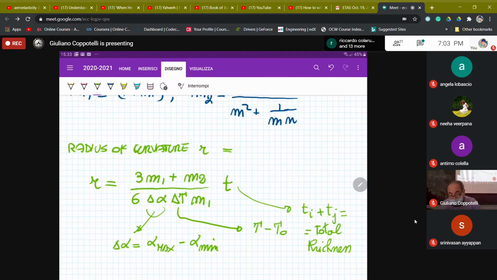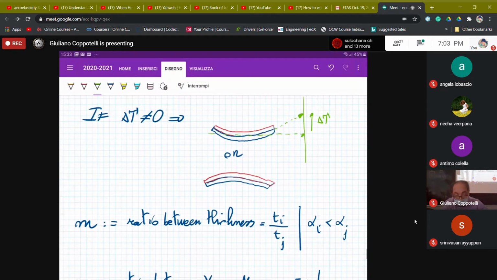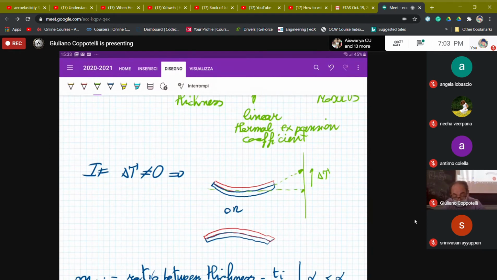And of course, the radius of curvature is just this one, from the geometrical point of view.